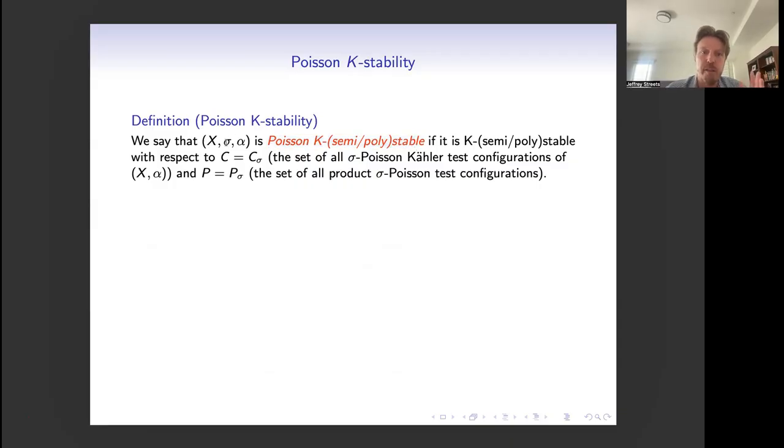So here I fixed a holomorphic Poisson Kähler manifold, and we say that it's K semi- or polystable with respect to C, which is the set of sigma Poisson Kähler test configurations, and P will be these product test configurations as I defined on the previous slide. So this is what we'll mean by semi- or polystability of this data.